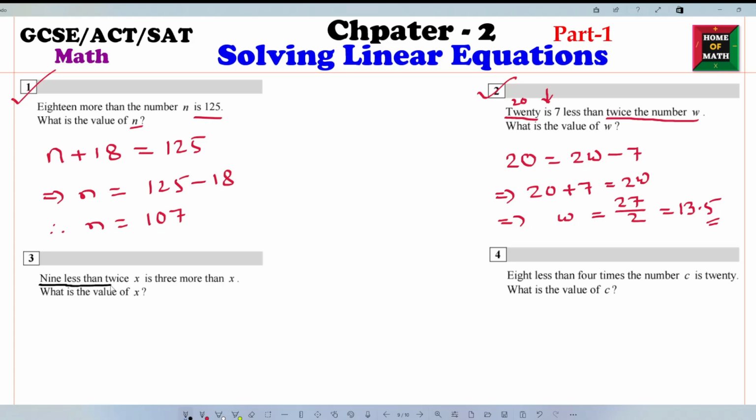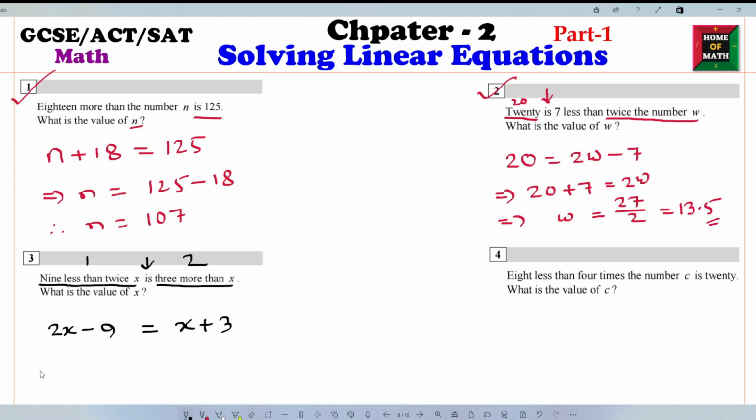9 less than twice x is 3 more than x. What is the value of x? So first, here is the equal sign, here is part 1 and this one is part 2. First one, 9 less than twice x, so twice x minus 9 equals 3 more than x, which is x plus 3.